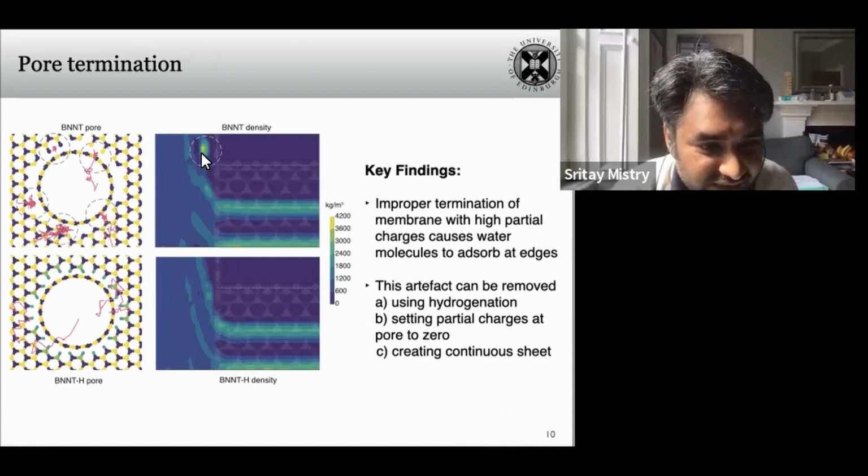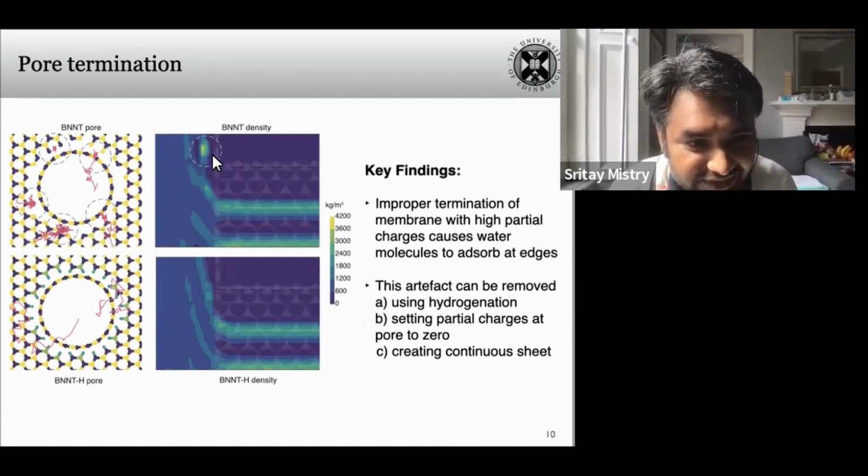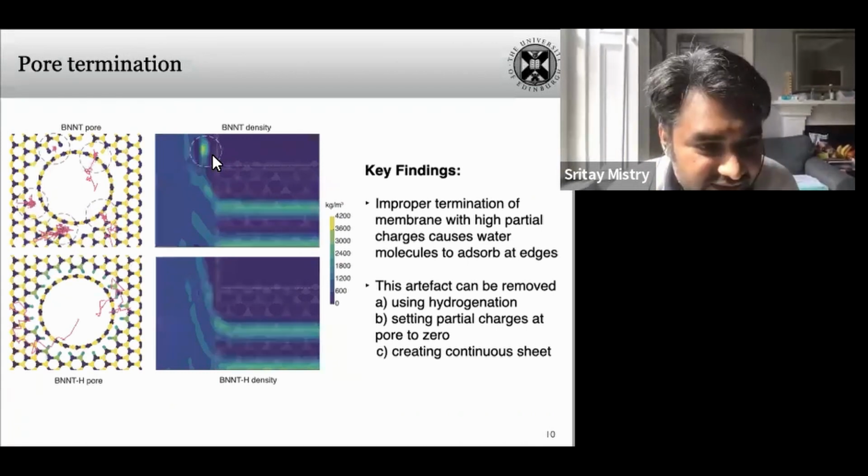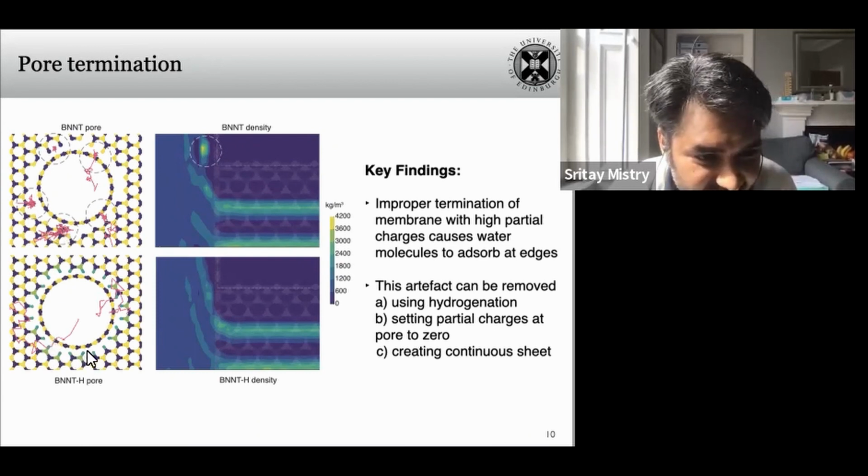So you can see here there's a spike in the density in front of the membrane, and the trajectories of the particles in this figure show that there are water molecules which are stuck next to the edges, and if you hydrogenate it, then that seems to disappear.